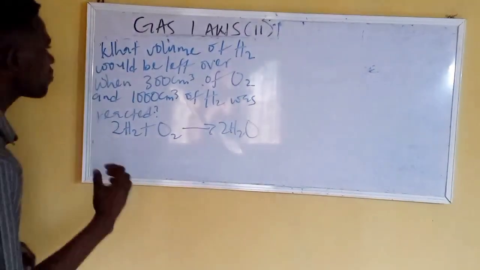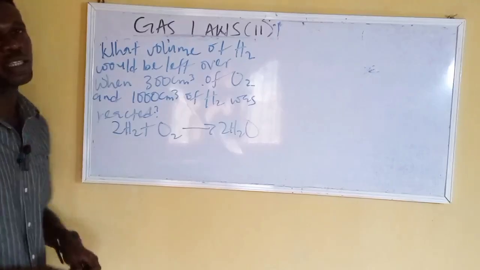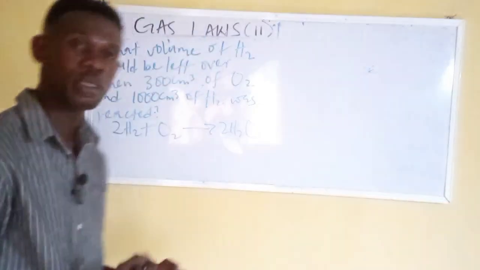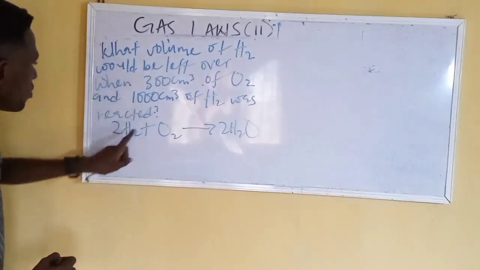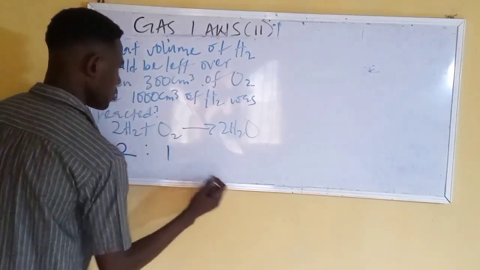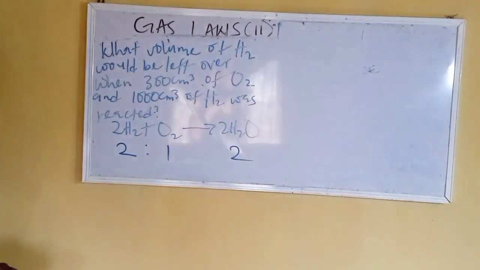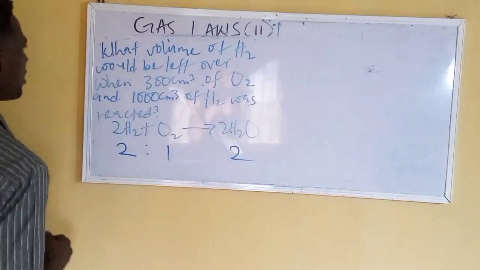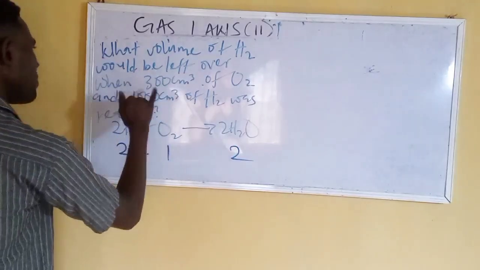They said what volume of hydrogen gas will be left. So this is how we will attempt this question. Look at the ratio at which they combine. They combine in 2 ratio 1, giving rise to 2.